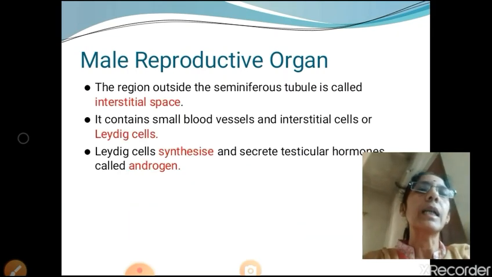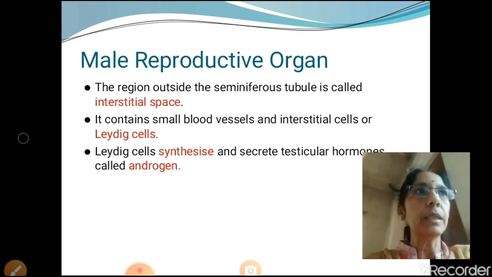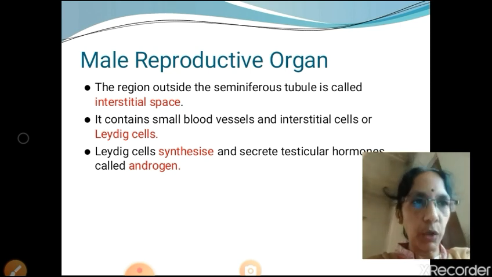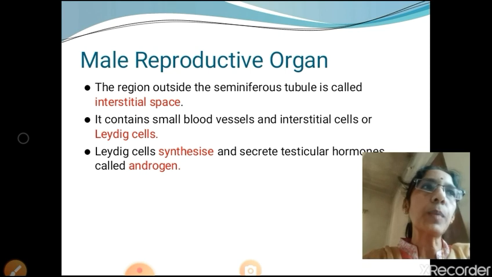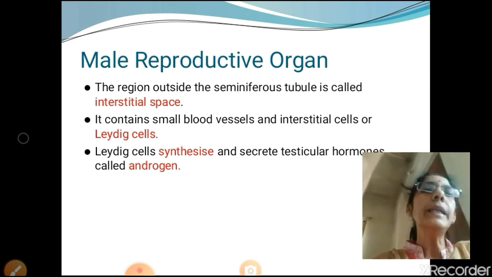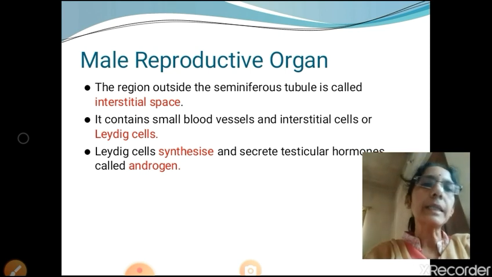Nourish the germ cell. Now, the region outside the seminiferous tubule is called the interstitial space, and this space contains small blood vessels and interstitial cells, or Leydig cells.